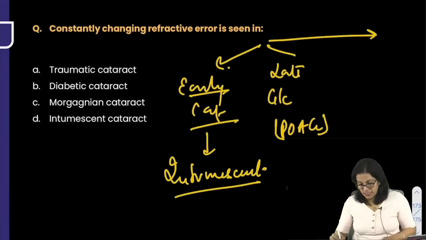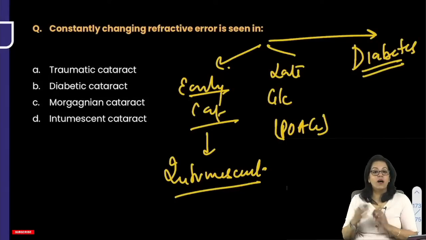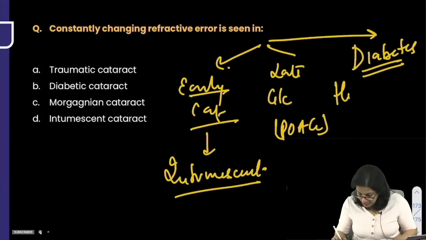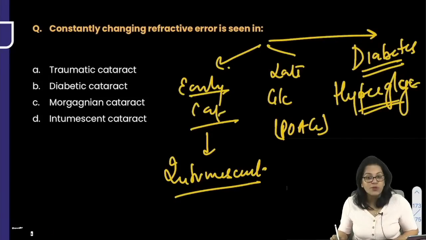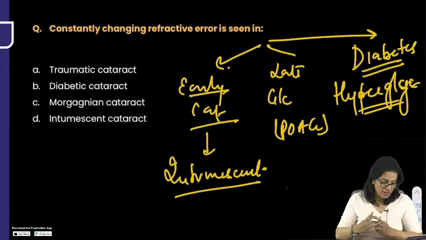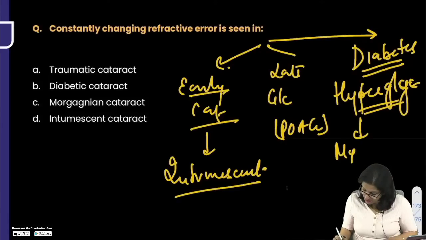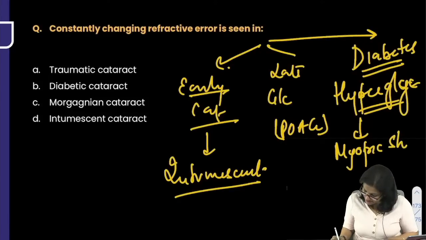And the third cause is diabetes. It's not diabetic cataract, it is the diabetes disease per se which is causing this. How? When there is hyperglycemia, more sugar, it is causing swelling of the lens. Swelling of the lens will cause myopic shift.